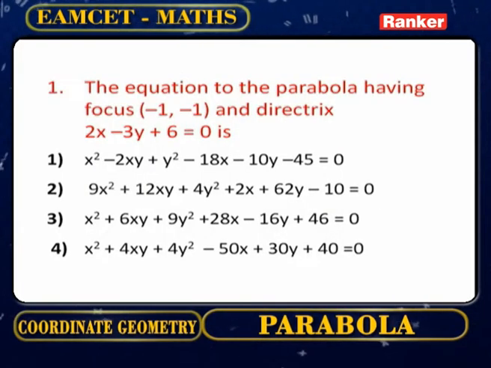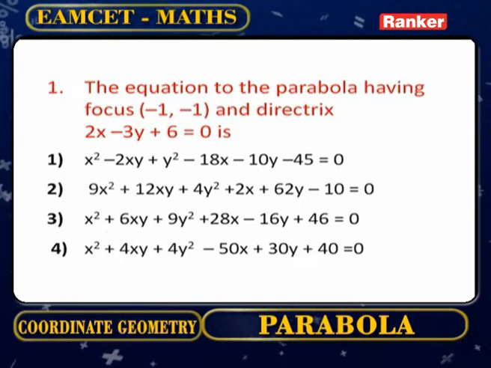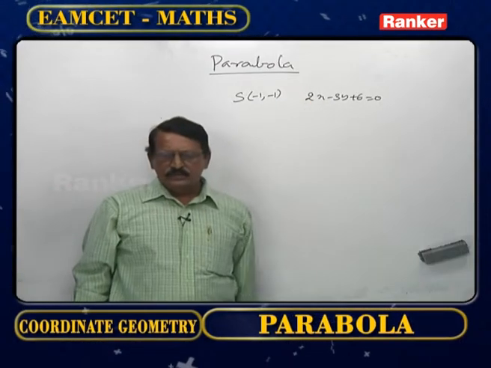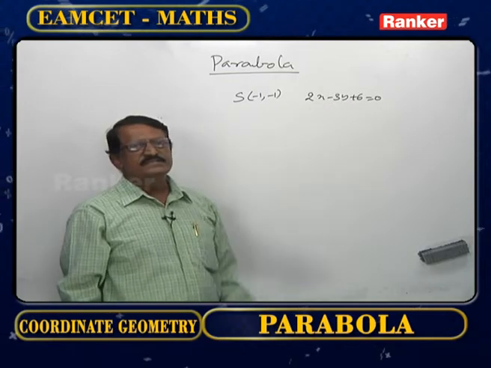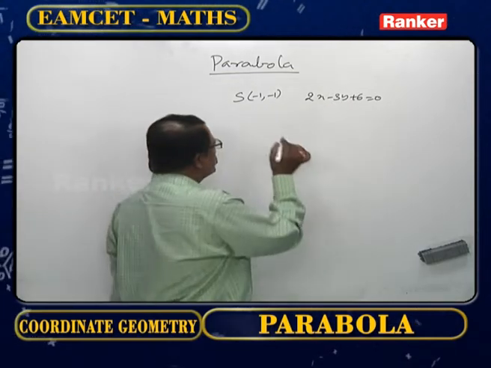Find the equation of the parabola having focus (-1, -1) and directrix 2x - 3y + 6 = 0.